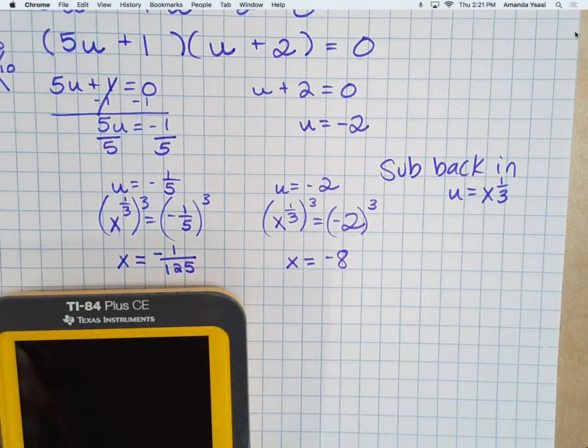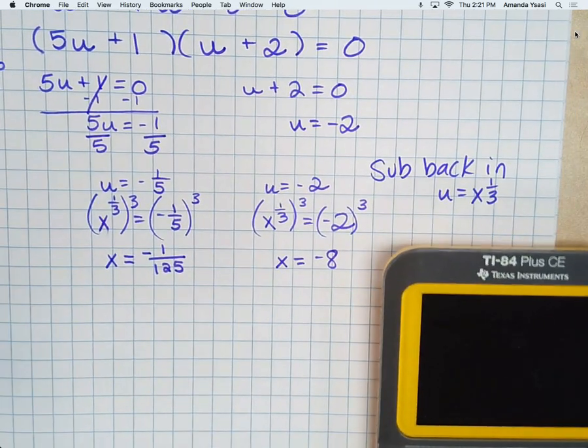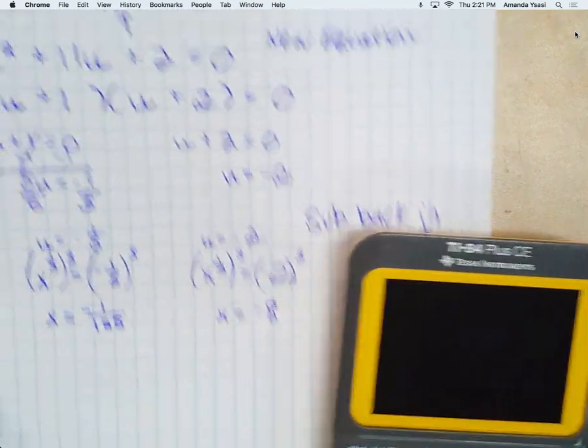But we want to check and make sure it's right. So we're going to check it.